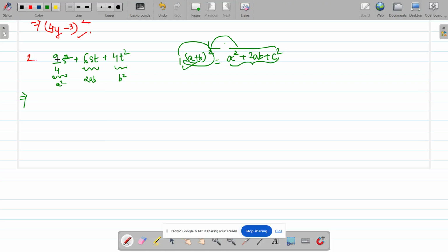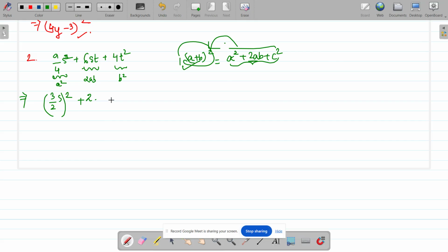So how will we do it? Tell me. 9 by 4 s square. What can we write 9 by 4 as? Yes, (3 by 2 s) whole square. Right. And 6, what can we write 6? Firstly, we will also see the formula. In the formula we have 2 into ab. So firstly we will do 2 into a.